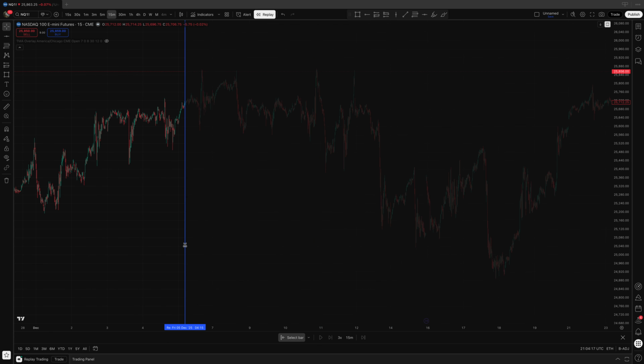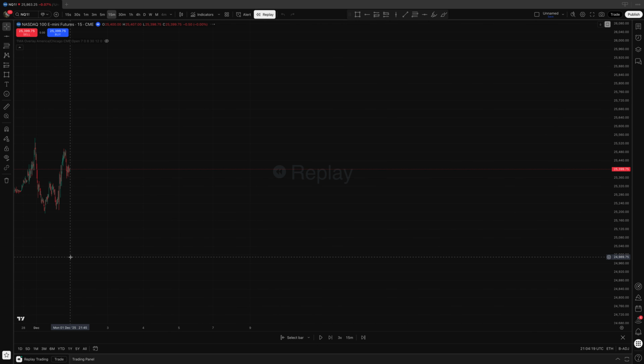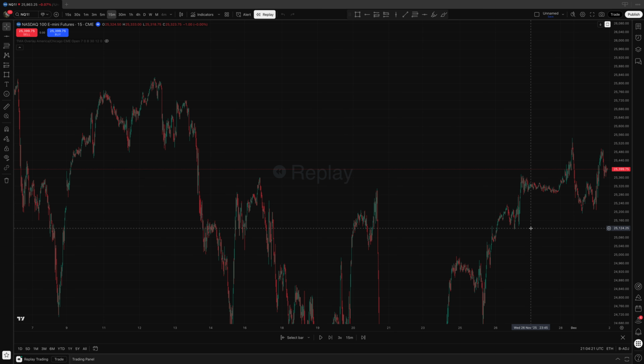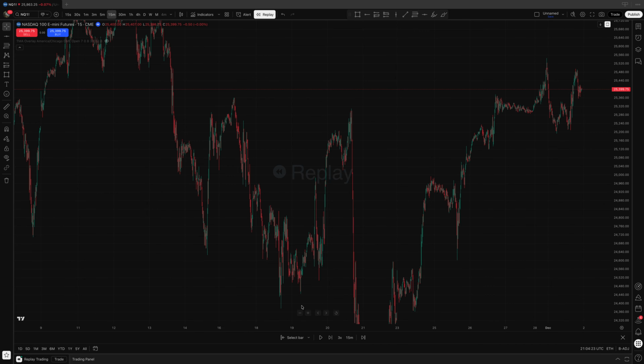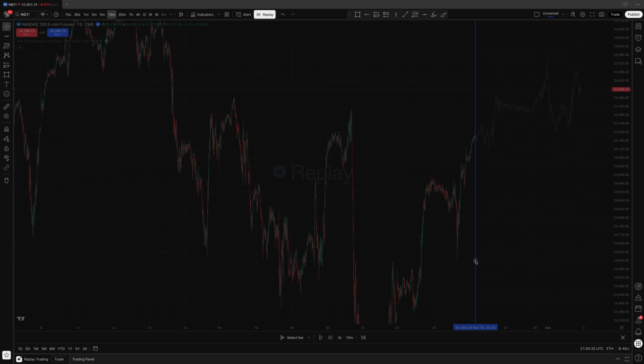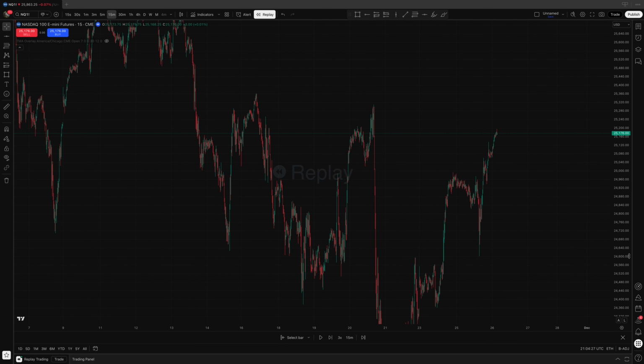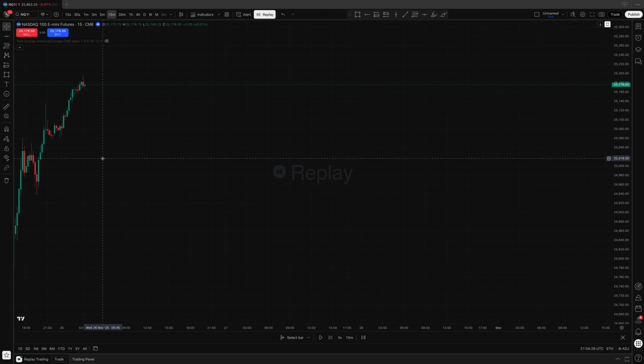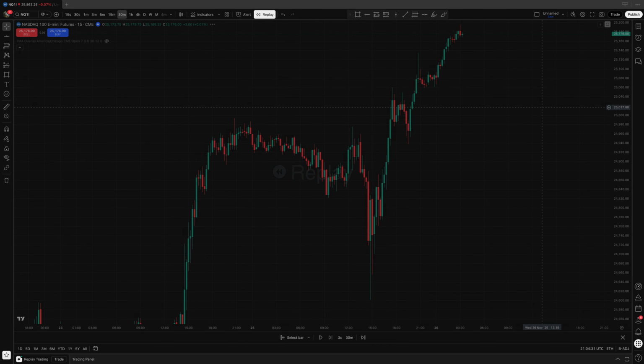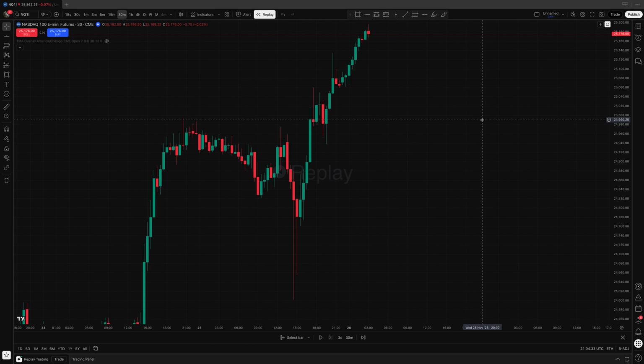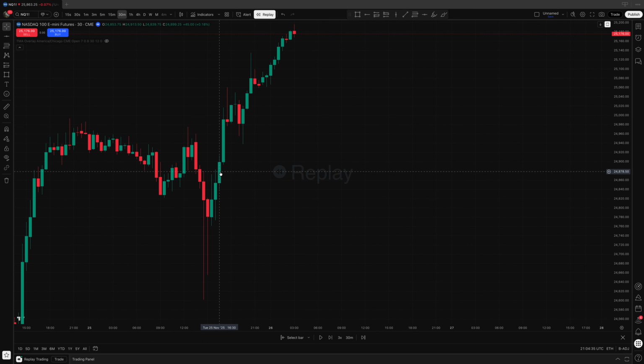Let me go use the replay button. Actually, let me find a good example. Boom, this is a nice example, 30-minute time frame. What's this? A 3 candlestick move. 1, 2, 3.